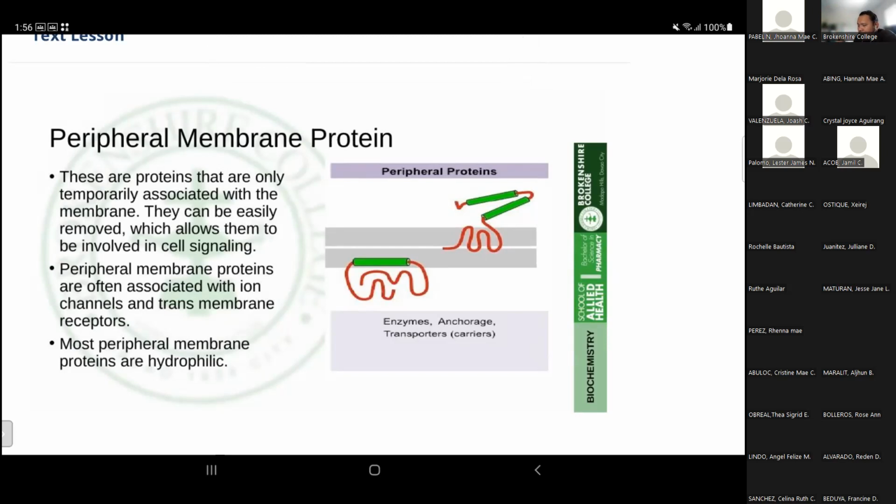Your peripheral membrane protein is hydrophilic, water-loving in nature. Kasi based on their structure, they are outside or not within the plasma membrane. So that is for your plasma membrane protein.